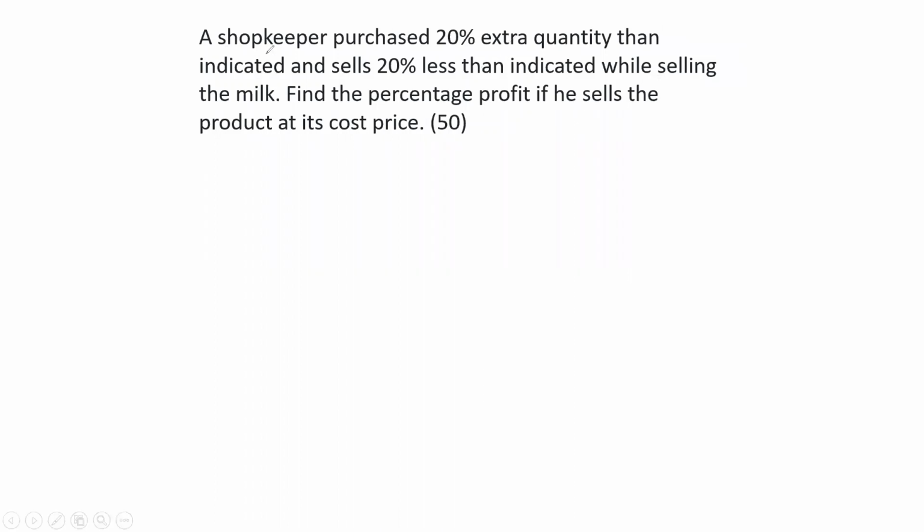What is the question? A shopkeeper purchased 20% extra quantity than indicated and sells 20% less. So he purchases 20% extra: he pays for 100 and he takes 120, isn't it? So the multiplying factor here is 6 by 5.